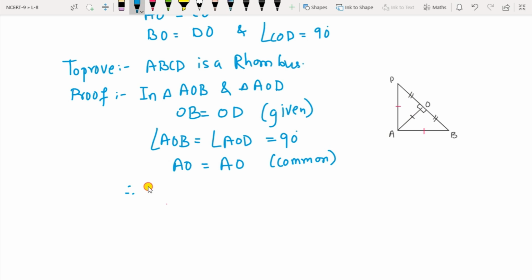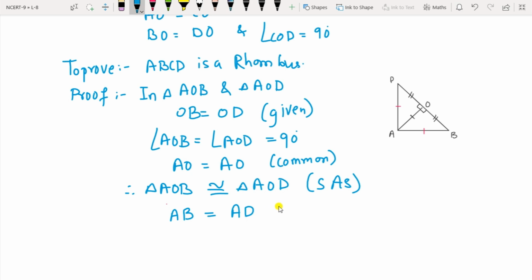Therefore, triangle AOB is congruent to triangle AOD by SAS. Okay, and here now you have to write the CPCT. Therefore, AB will be equal to AD, that I have shown in pink color. AB is equal to AD, that will be your CPCT.